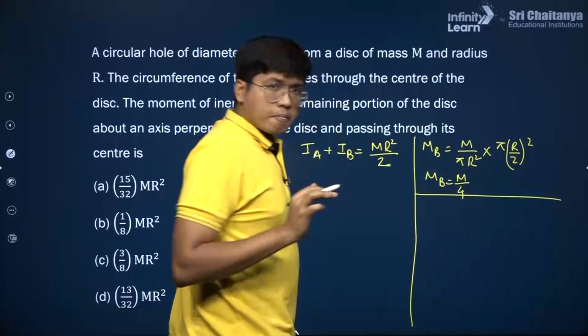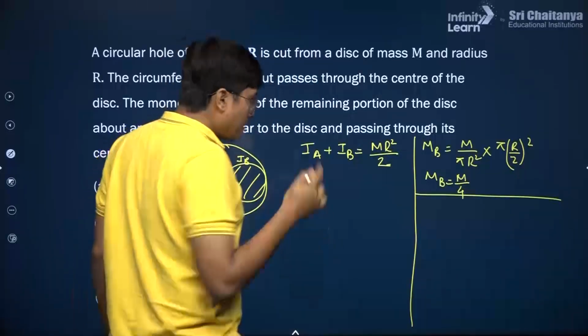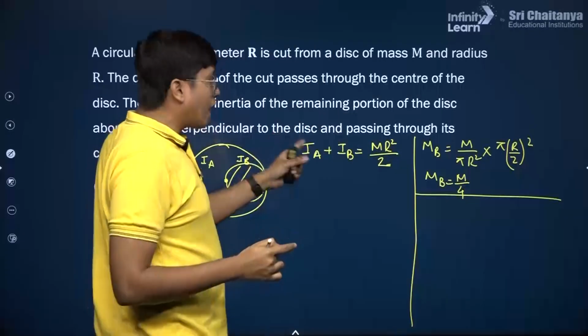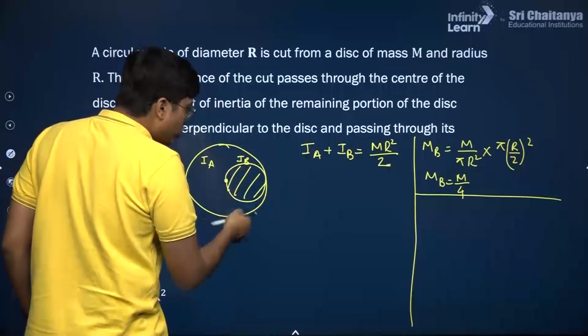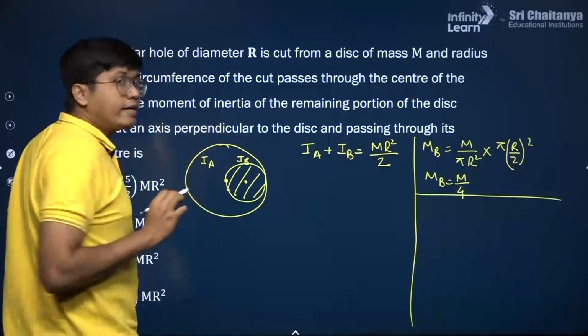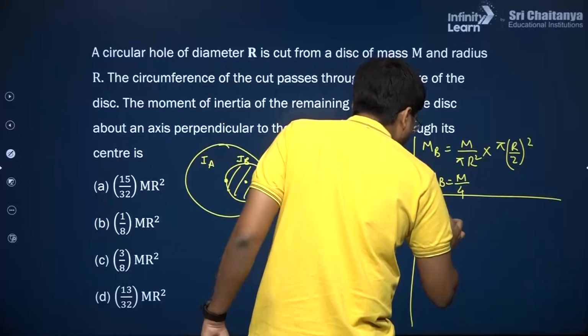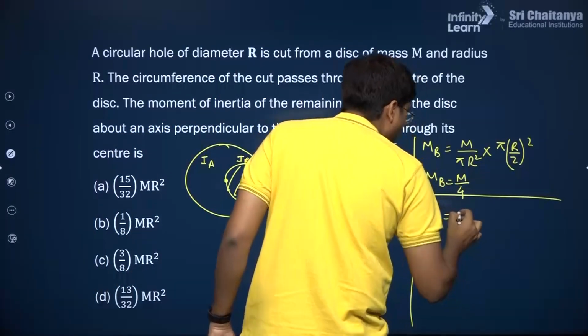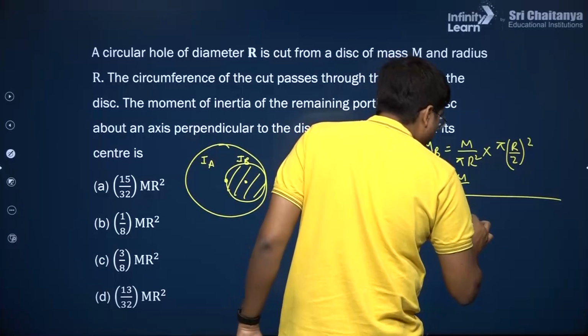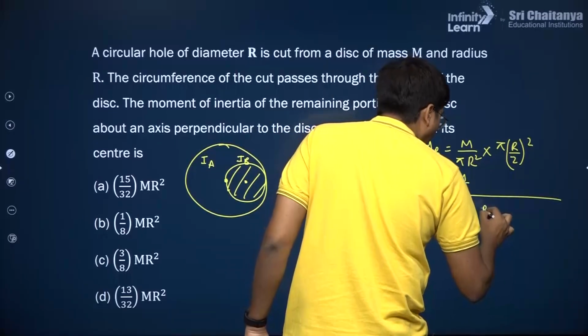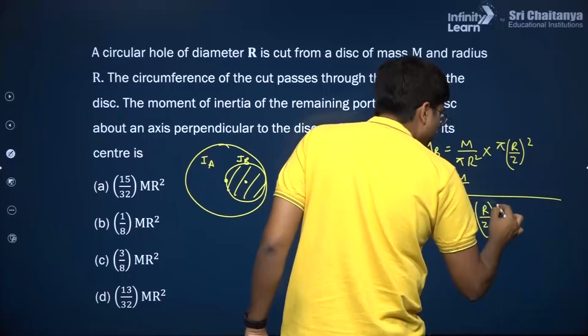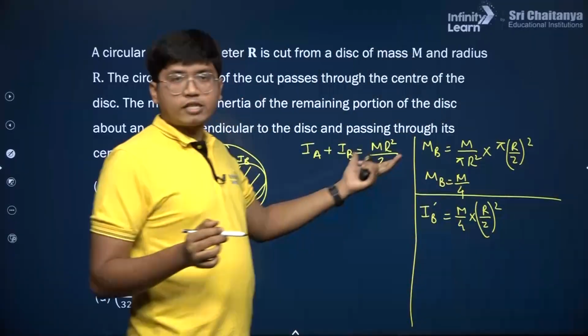So we've got MB. Now what is IB? Before I can get IB, I need IB dash, which is the moment of inertia of this piece about its own center. Okay, so IB dash is equal to M by 4 into R by 2 whole square.